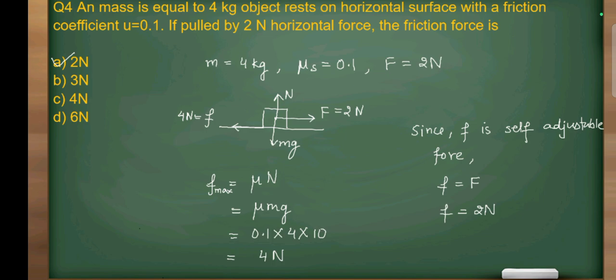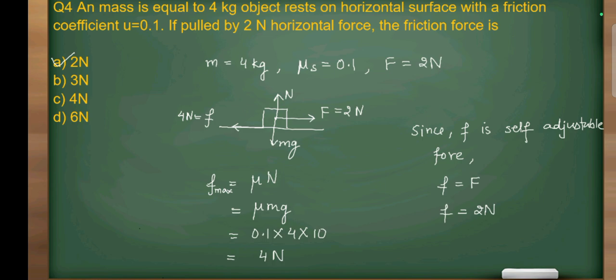So we know that the direction of friction force is always opposite to the direction of applied force. And the maximum friction force is mu times N, where N is equal to mg. So we will substitute the value of mu, m and g. Mu is equal to 0.1, m is equal to 4 and g is equal to 10.